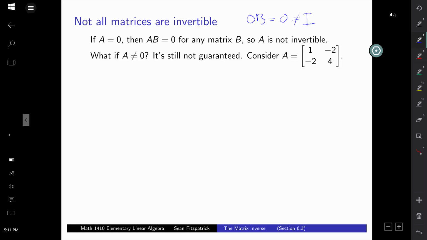There are a few ways to see that it doesn't have an inverse, but one thing to note is that if I do A times the vector (2, 1), what would I get?